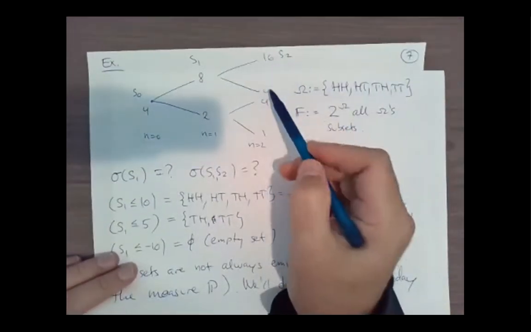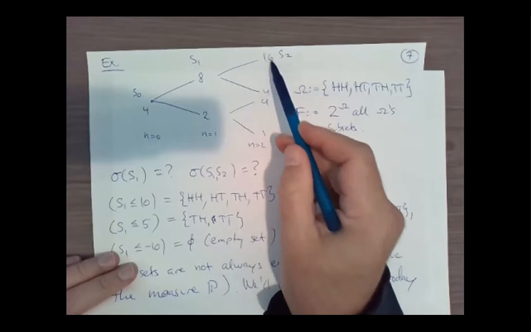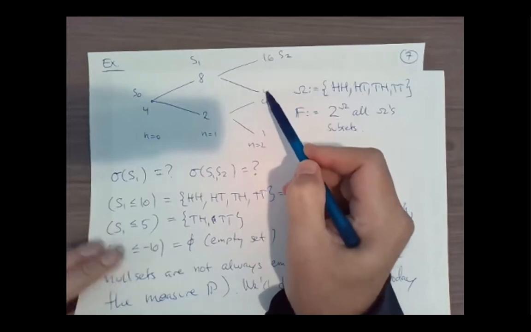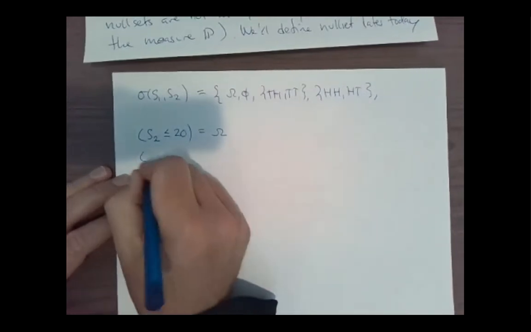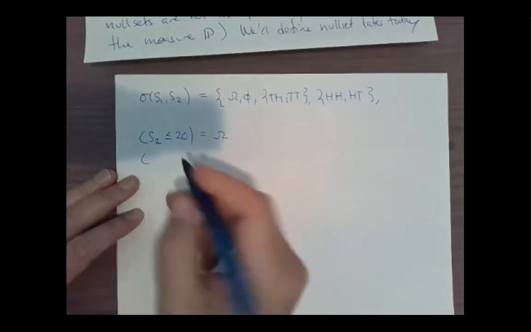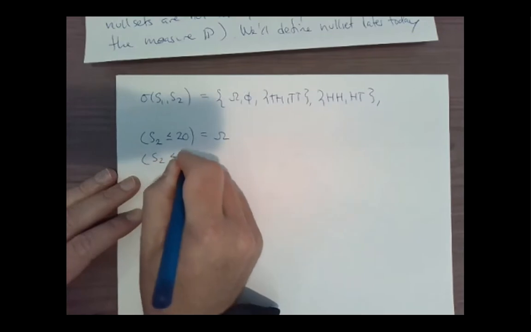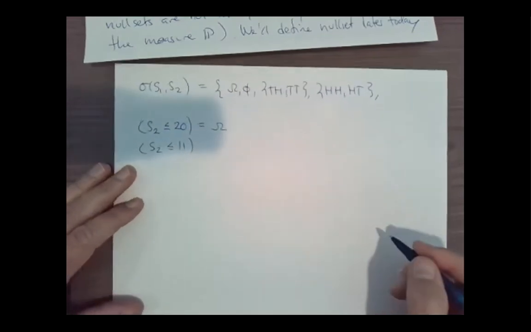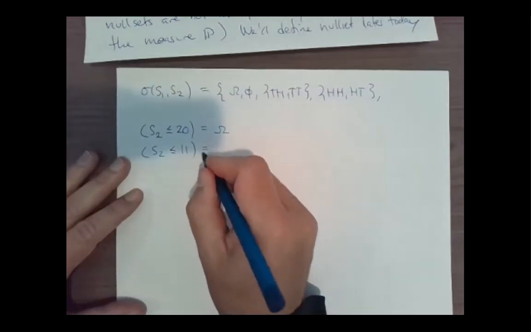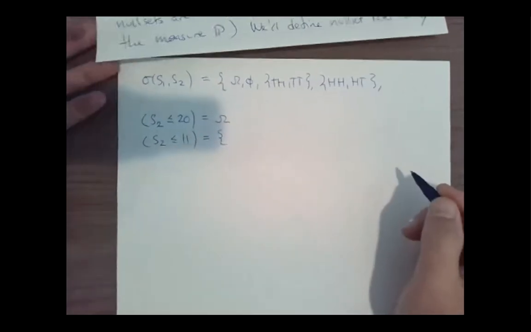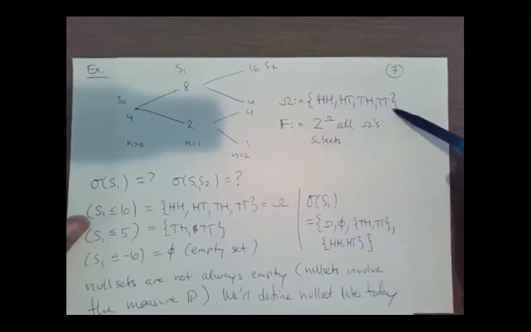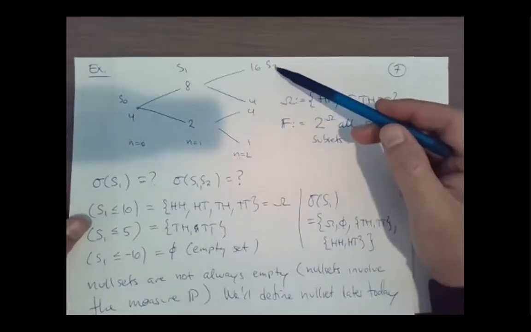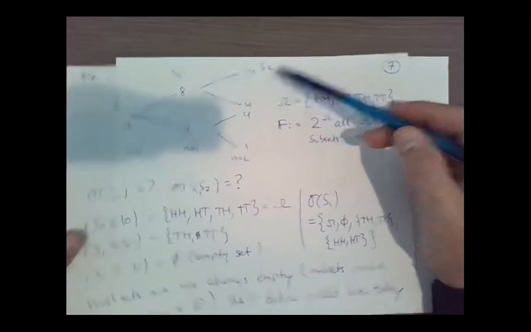Pick something in between 16 and 4. So maybe S2 less than, I don't know, 11, what would we get here? I'm interested in what elements in my set omega will produce S2 to be less than 11.